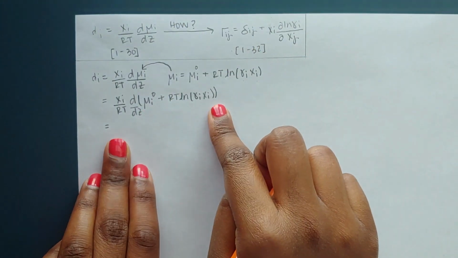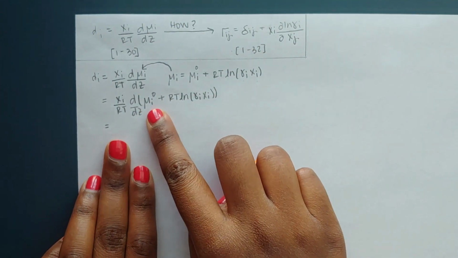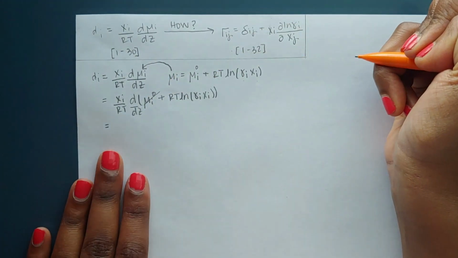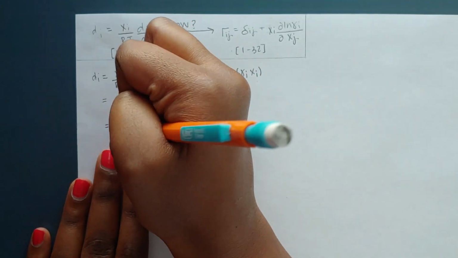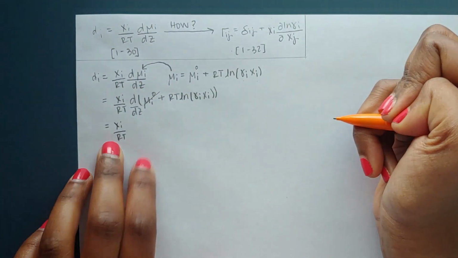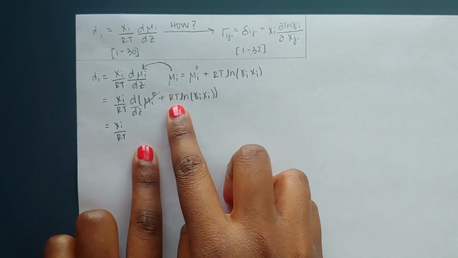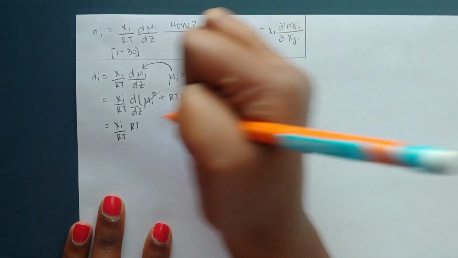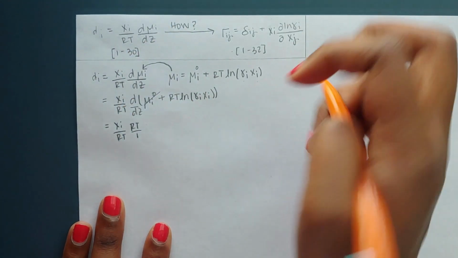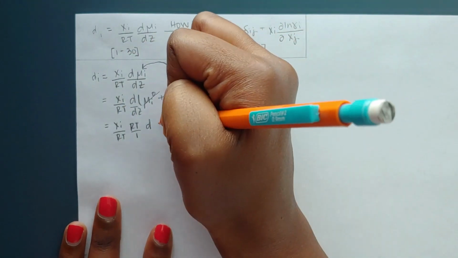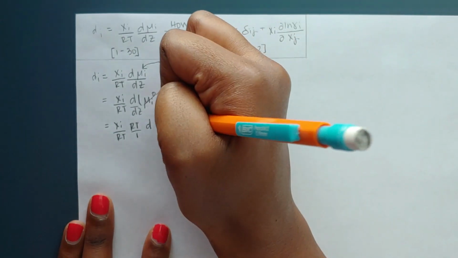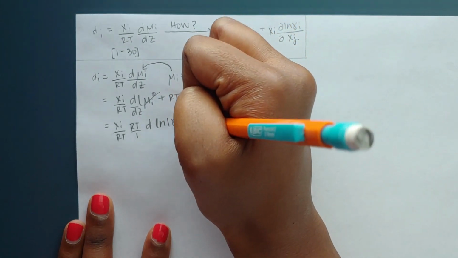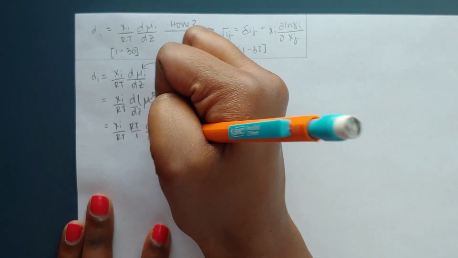When we take this derivative, this is a constant, so it will be 0 in our derivative. So let me write this out. These come straight down, so this will be 0. We can actually pull out this RT from our derivative, and then we'll have left the derivative of the natural log of gamma i xi over dz.